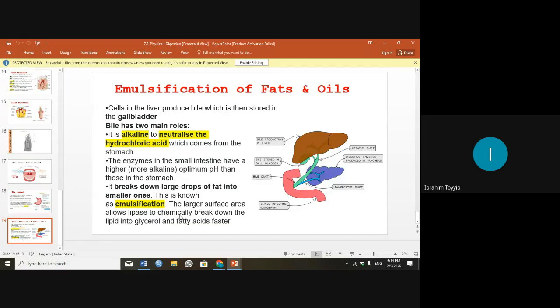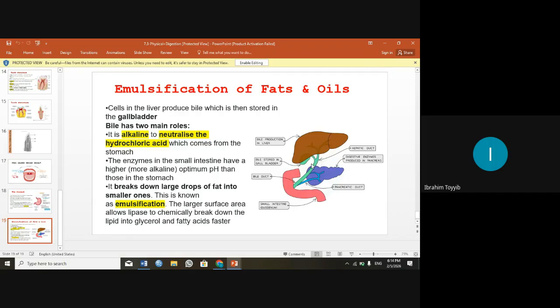So it chemically breaks down lipid, or fat and oil, into glycerol and fatty acid faster. So this is the bile duct. You can see bile production in the liver, this hepatic duct. Digestive enzyme is produced in the pancreatic duct. The duct that leaves from the pancreas is the pancreatic duct, and the one that leaves from the liver is the hepatic duct.